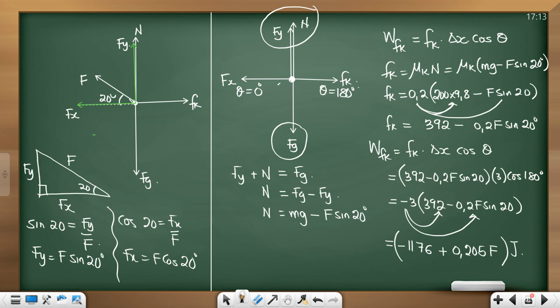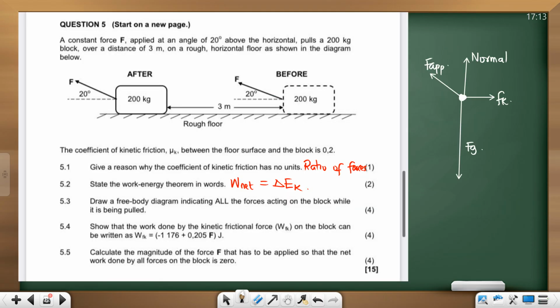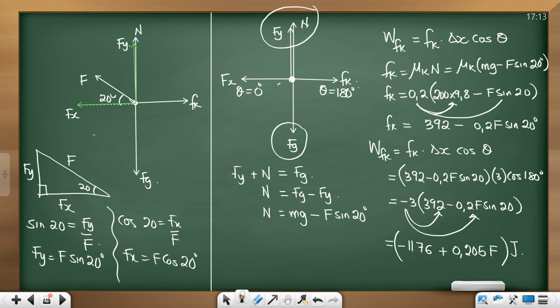Look at the answer they ask us to prove. We are done with that answer. Look at it. Negative 1176 plus 0,205 F. Please let me know if the analysis makes sense to you. Please do let me know if the analysis makes sense to you. If you are okay with the analysis.